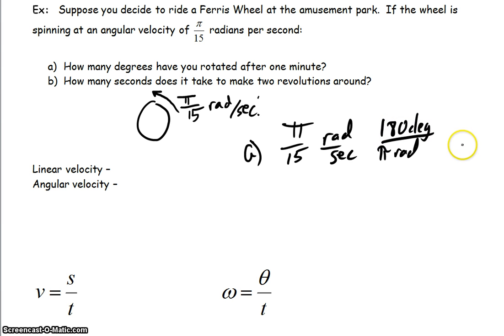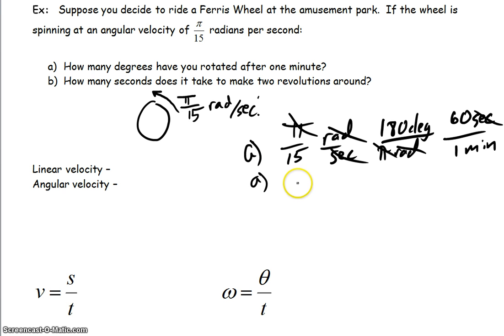So I can use that unit conversion, and there are 60 seconds in 1 minute. I can make these unit conversions to figure out how many degrees you've rotated after 1 minute. So what I'm left with is 60 times 180 over 15. So for A, I'm left with 720 degrees.